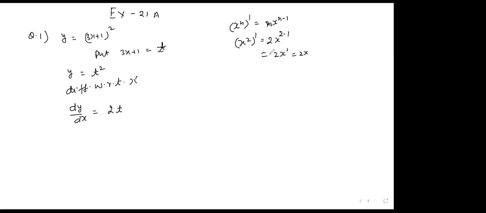And then we reduce the power of the variable by 1. Understood? If n is the power, bring n in front, and reduce the power of x by one: n minus 1. It was 2, so 2 minus 1, 1. Okay. So the derivative of t square is 2t.